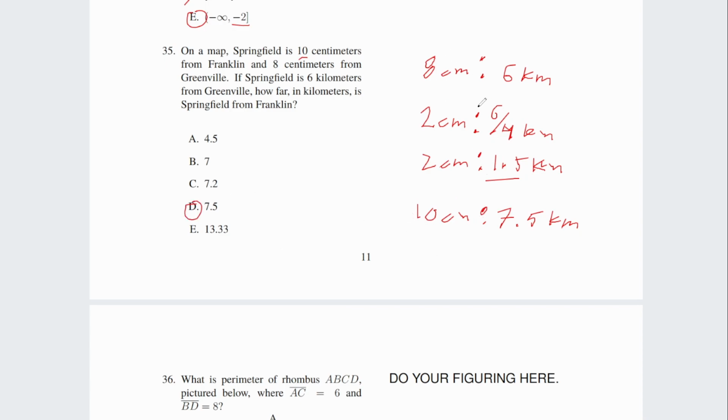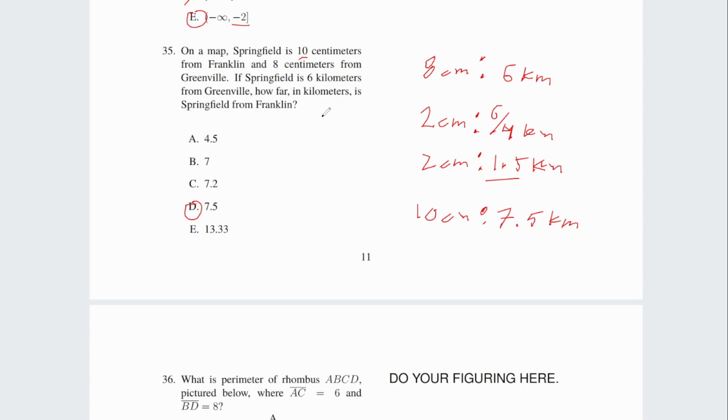This is something that you could also do in your head. I would do this in my head. If you're fast and if you're good with mental math, this is something that's very simple to say: okay, 8 to 6 is 1.5 kilometers for 2 centimeters, and then I'll just add those 1.5 kilometers on top of 6 kilometers because it's 2 centimeters more on the map.